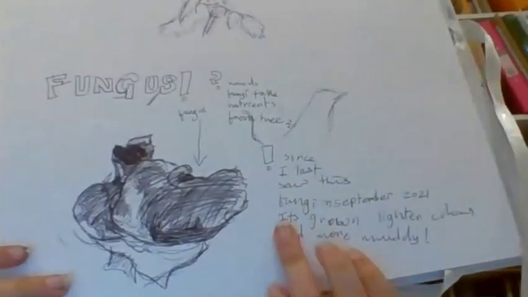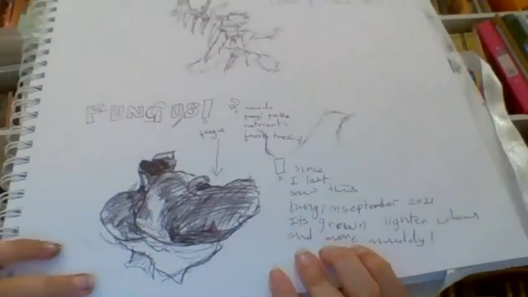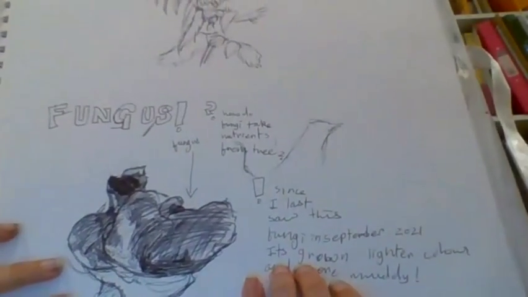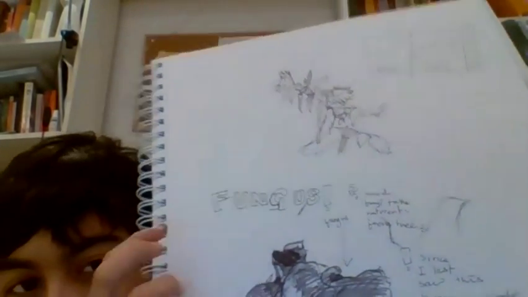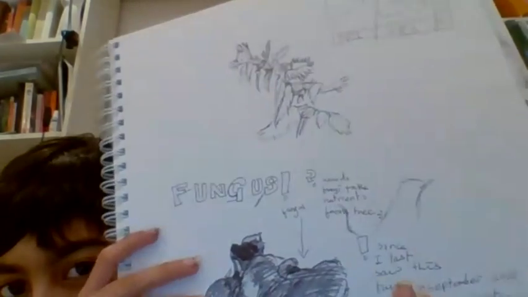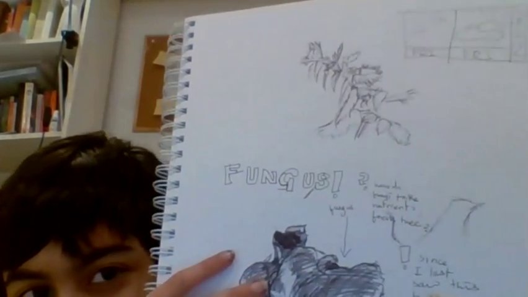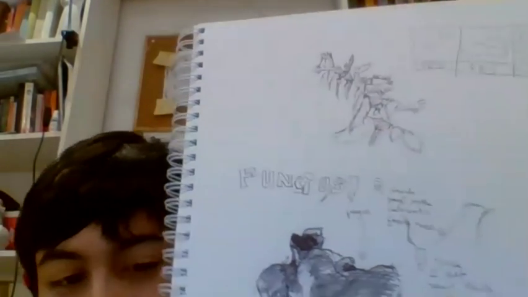What else is happening in your notebook? That fungi that I visited last time. Have you noticed any changes in it? Yeah, plenty. A new bit had grown, and plus the color had changed. Before it was nice and neat.